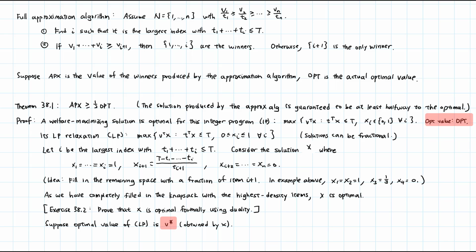Remember from your optimization course, since the LP is a relaxation of the IP, opt is at most V star. That is because any feasible solution to the IP is a feasible solution to the LP. So we want to prove that APX is at least V star over 2, which would then prove that APX is at least 1/2 of opt.